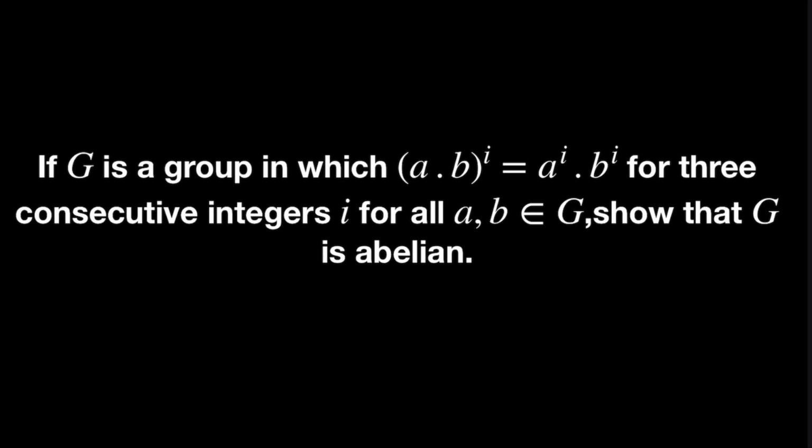This dot is the binary operation of the group G, and this happens for three consecutive integers i, and the property holds for all A, B in G. Then we have to show that G is Abelian, that G is commutative.